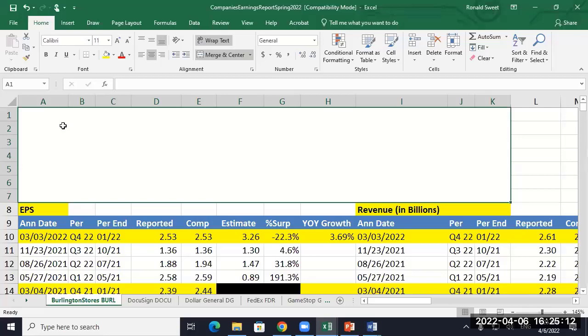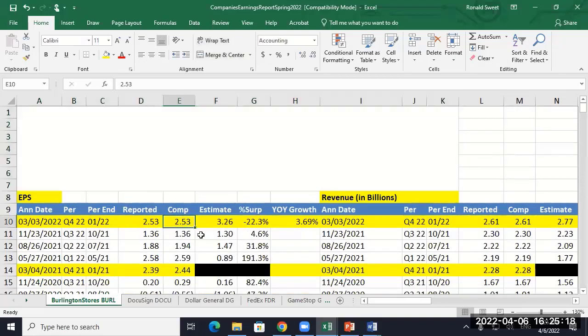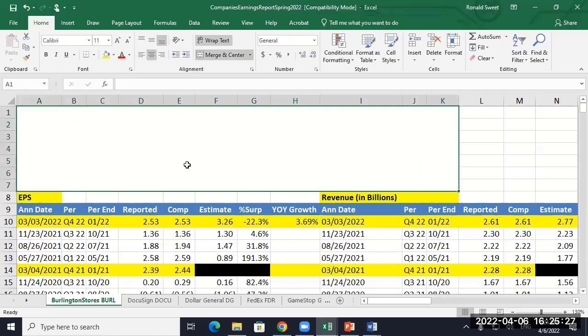So I look at this first one. They reported 2.53. Expected was 3.26. Last year was 2.44. They missed by 22%. They're only up 3.9%. Can we get all of that into one sentence? Do you think that's possible?